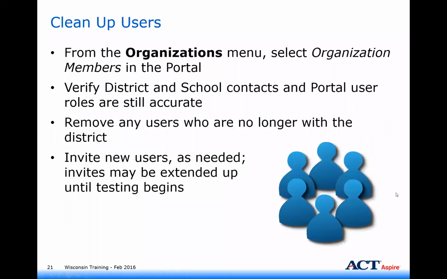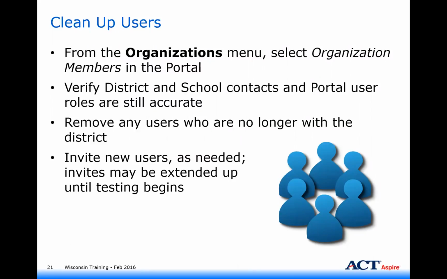So once you get logged into the portal, it's very important that you take some time to review the users that are within your district and clean them up. We've rolled over your users from the previous assessment. So you need to go in, make sure that only the correct people have access for your upcoming assessment. So once you get logged in, go to Organizations and select Organization Members from the drop-down menu.